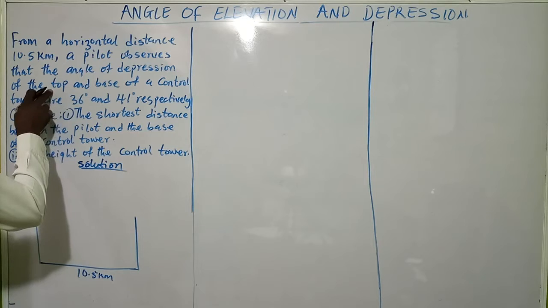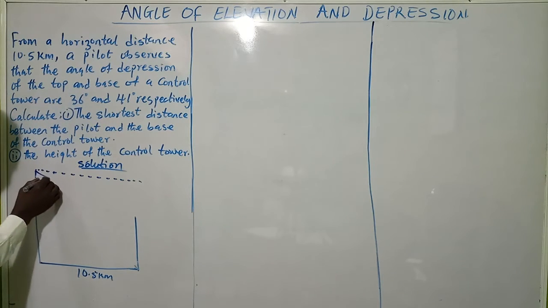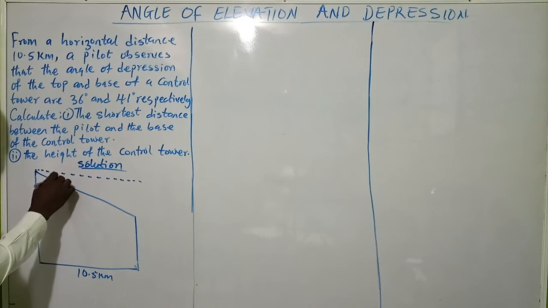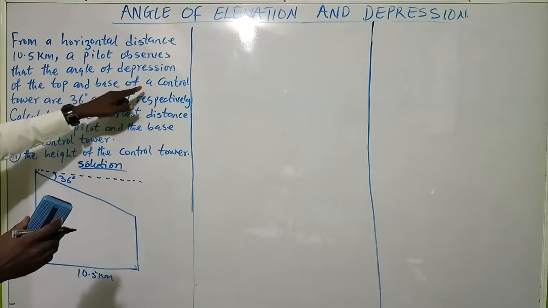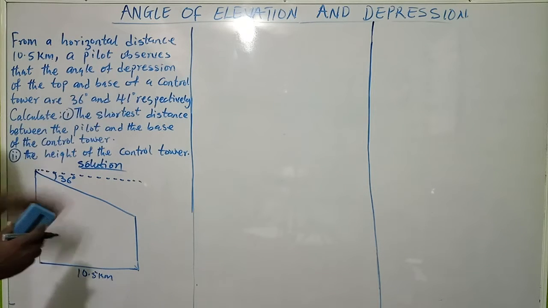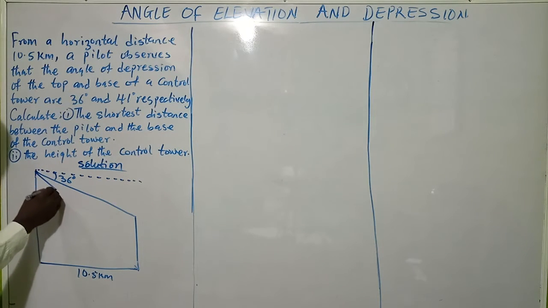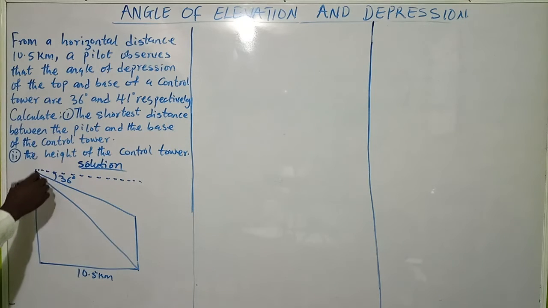So the angle of depression of the top first is 36 degrees. And the base of the control tower will be 41. So that means from here to here is 41.